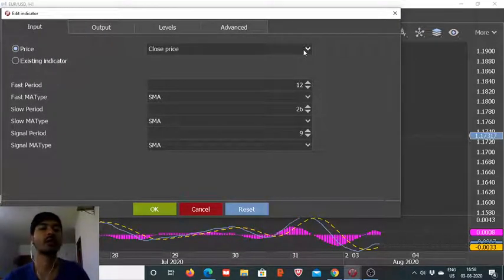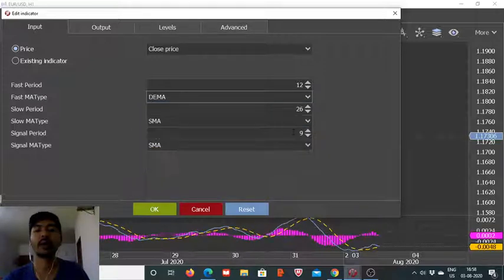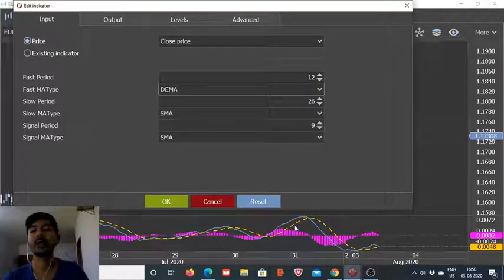Let us go with the price itself, but let us try something different, like the double exponential moving average, and straight away I will try to make changes. Here you will notice the significant change we see in this pattern.